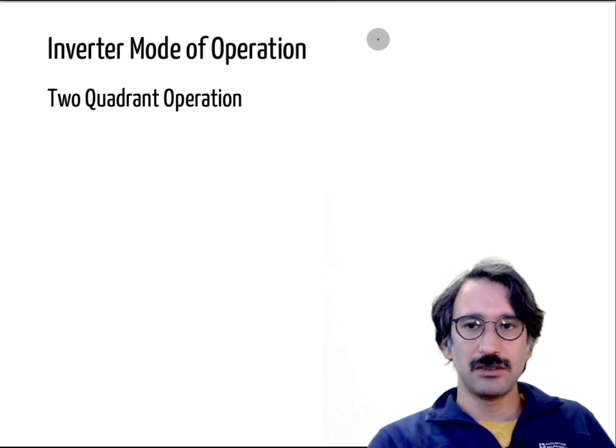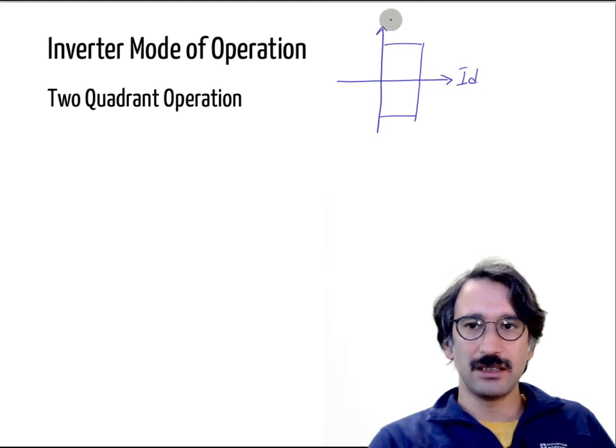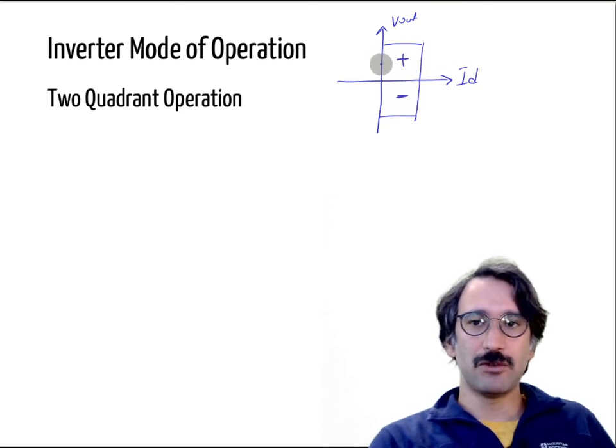As we discussed in the single phase thyristor rectifiers, this is ID, and let's say this is V out. The current is always positive, but you can have positive voltage or negative voltage. This is called the first quadrant, this is second, this is third, this is fourth.